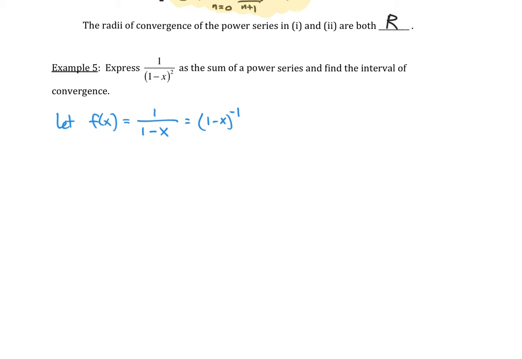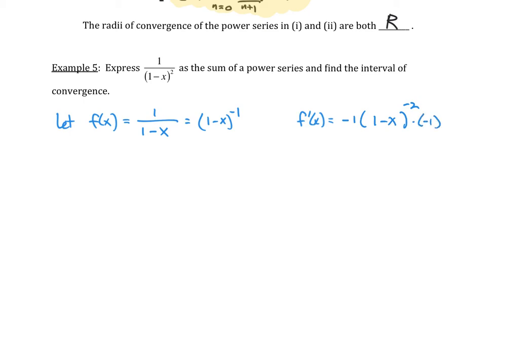So when I take the derivative, I'm going to get f prime of x. In order to take the derivative, I need to use the chain rule, right? The outside function is something to the negative 1 power, and the inside function is 1 minus x. So when I take the derivative of the outside, you get negative 1 times something to the negative 2 power. You keep the inside, which is 1 minus x, and then multiply by the derivative of the inside, which is negative 1.